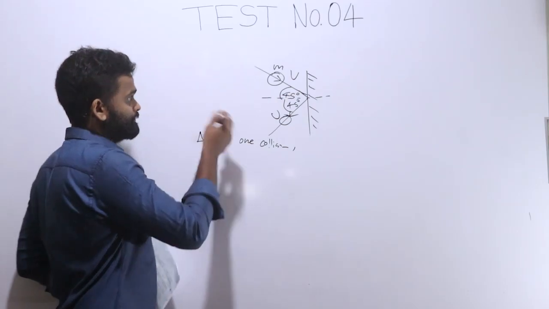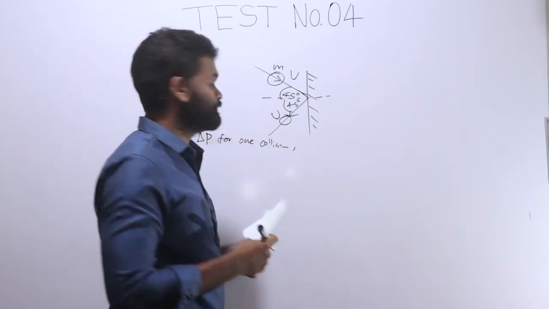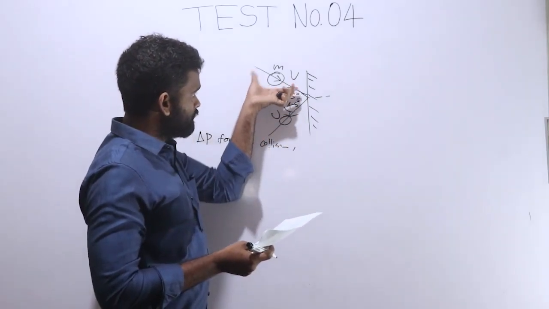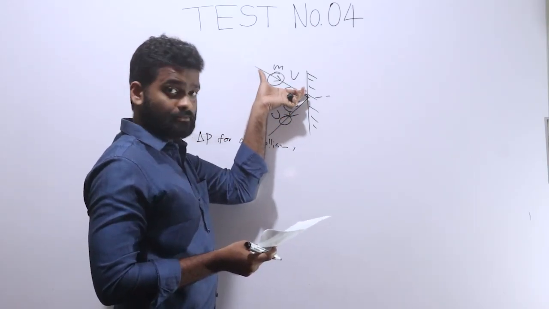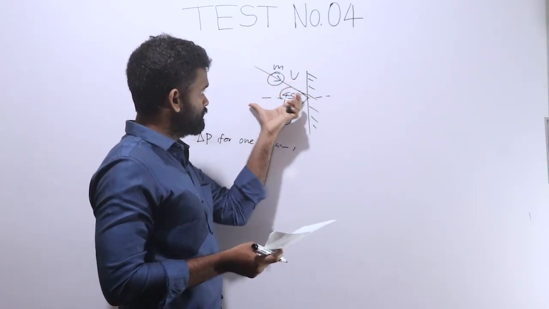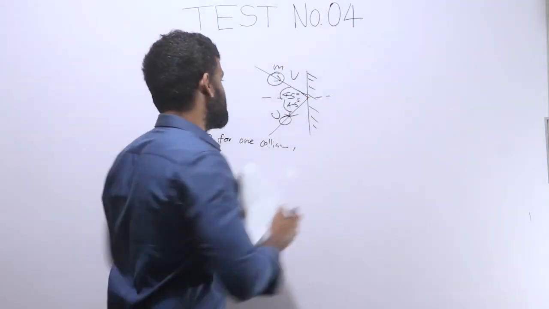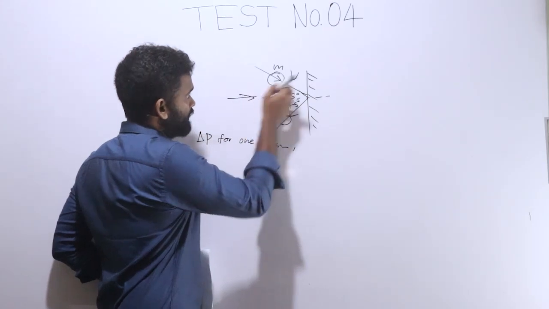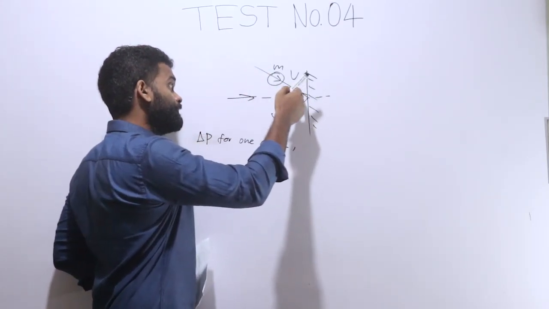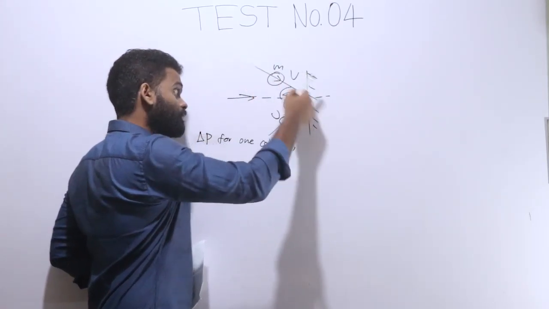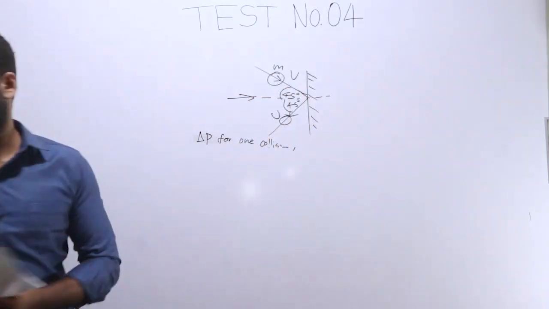So for that, I need to resolve these momentums into normal to the wall and parallel to the wall. So I'll first resolve this vector.